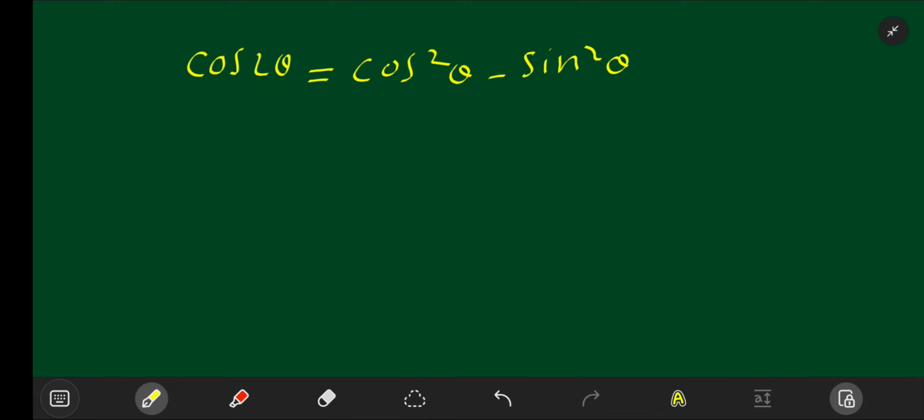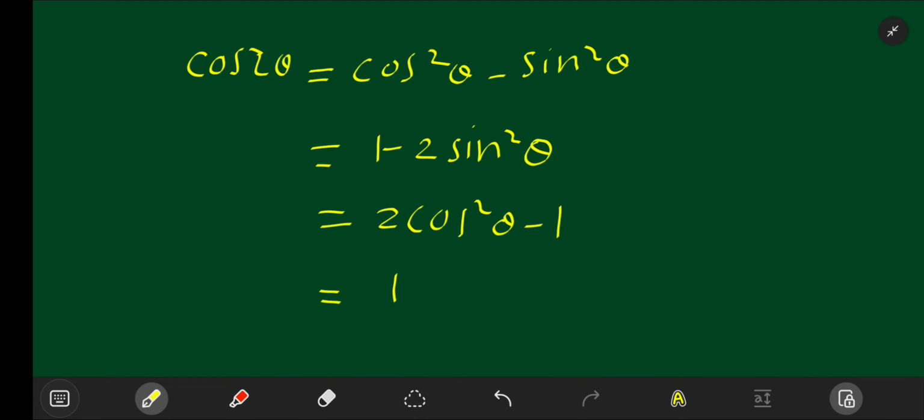Next, cos 2 theta is equal to cos square theta minus sin square theta, and the other forms are 1 minus 2 sin square theta, and 2 cos square theta minus 1, and 1 minus tan square theta divided by 1 plus tan square theta.